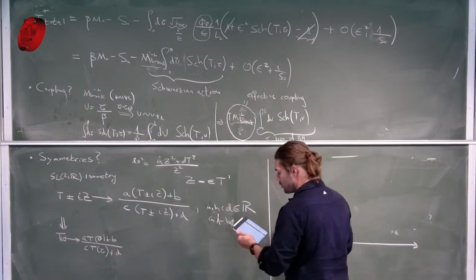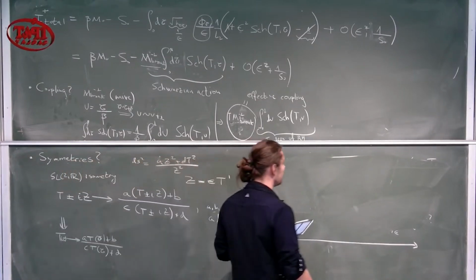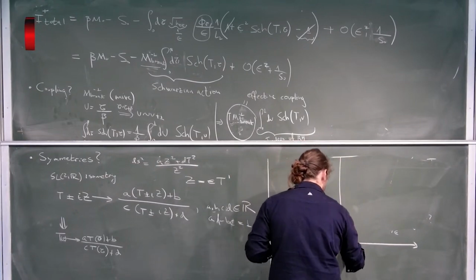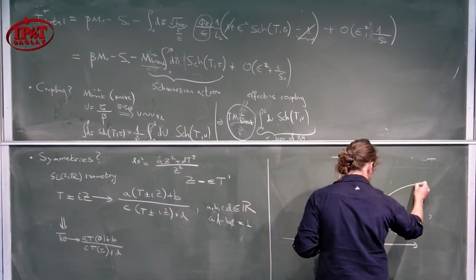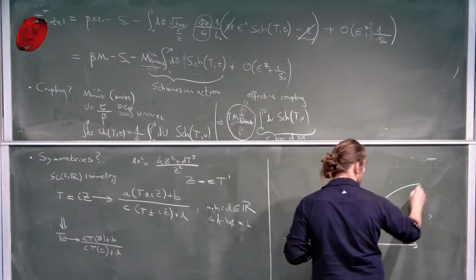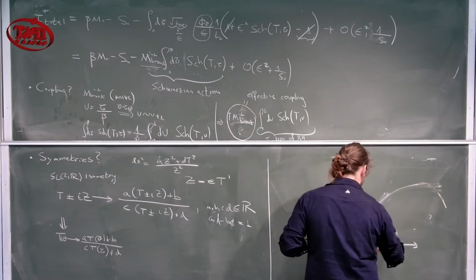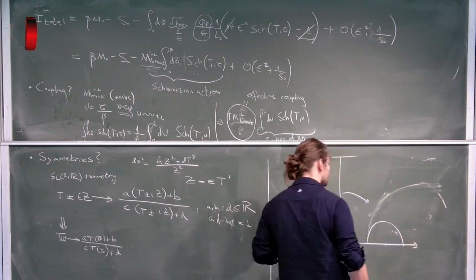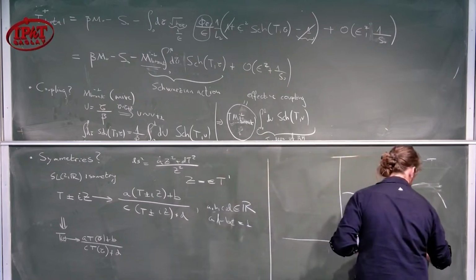So at this point, I just want to describe a little bit what these SL2R isometries are, just to get some intuition about AdS2 space. SL2R isometries map geodesics to geodesics. Geodesics are circles in AdS2 whose center is on the z equals 0 line.